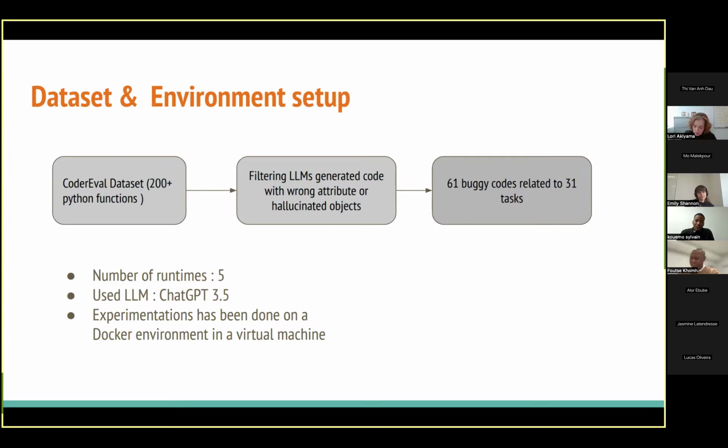We filtered from that labeling all the codes that had wrong attribute and hallucinated object, and we got 61 buggy codes related to 31 tasks. We did 5 runs. The LLM used for correcting through targeted verification questions was ChatGPT 3.5.